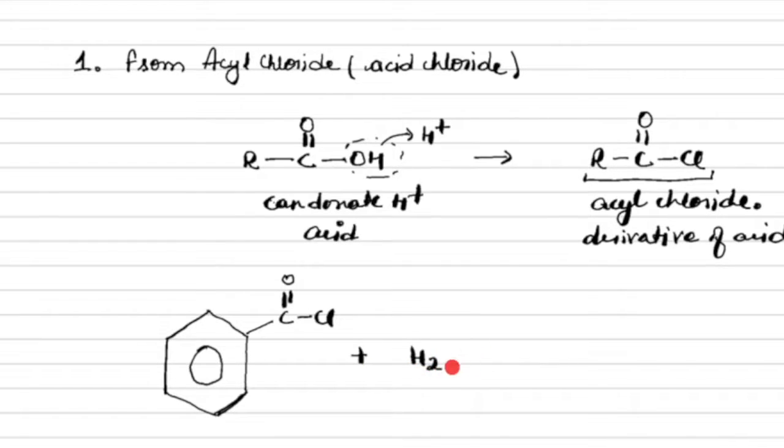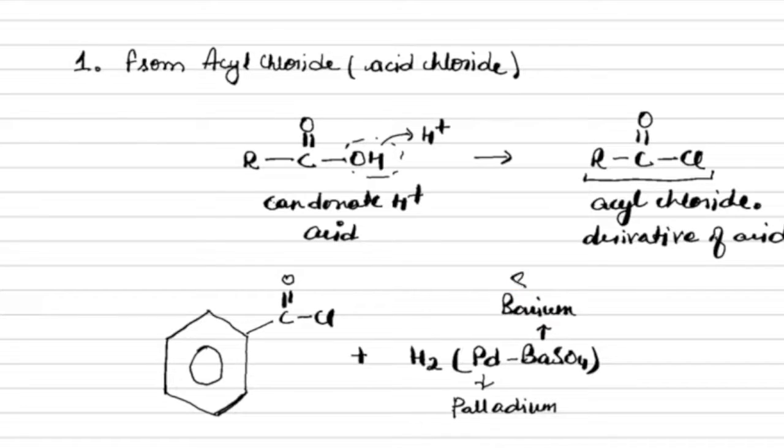And remember, we were talking about something like a supporting agent, which will help us in this reaction. So we use Pd, that is palladium, with barium sulfate. I will write down the names so that you remember. So this is palladium, and this is barium sulfate.